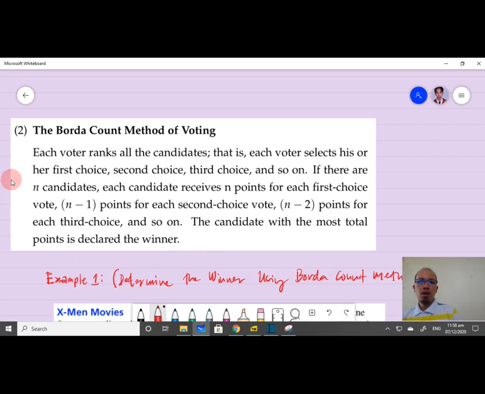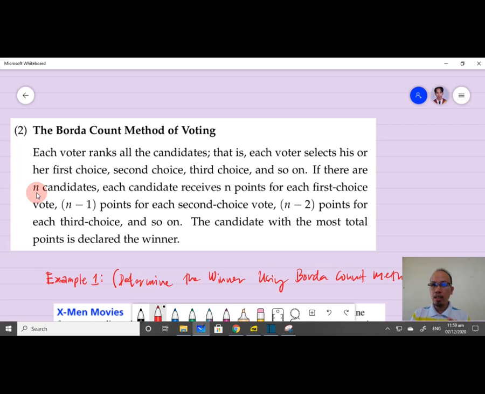So what does this mean? Say you have 5 candidates. If I choose candidate number 5 as my first choice, then since there are 5 candidates, you will assign 5 points to him or her.